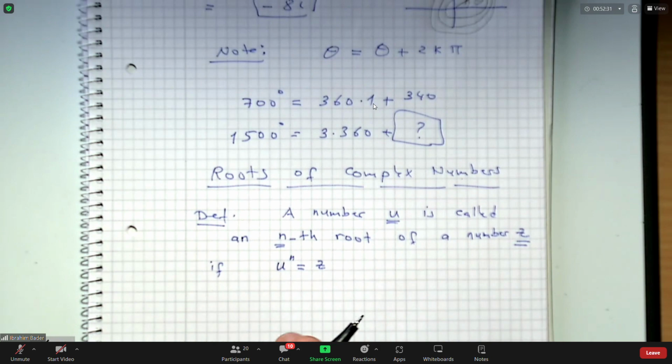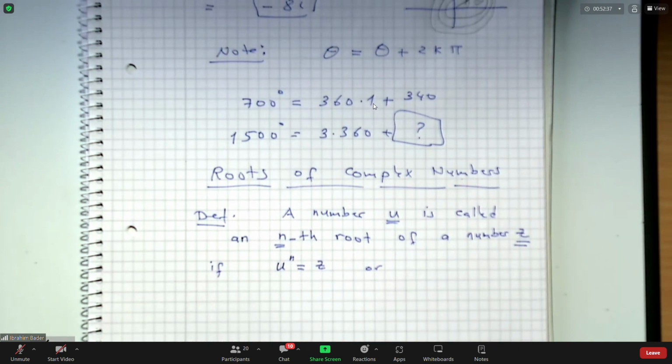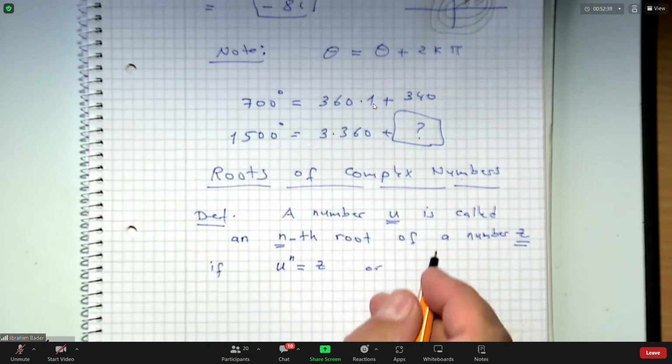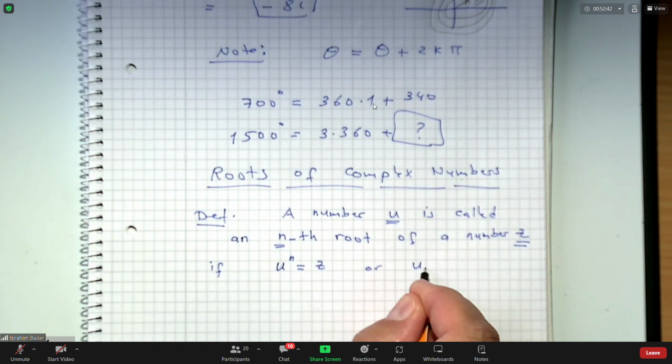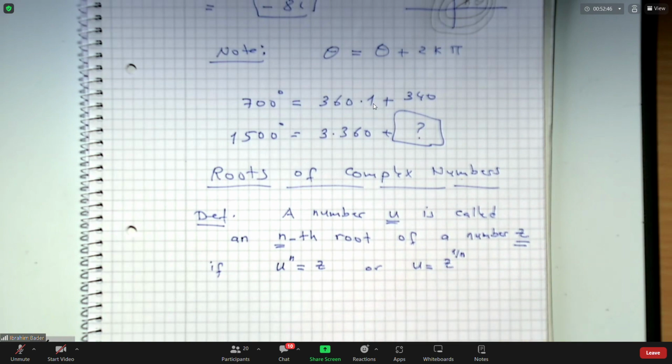So in general, if we take the nth root of both sides, you can write that u equals z to the power 1 over n, just like what we did before for the square root.